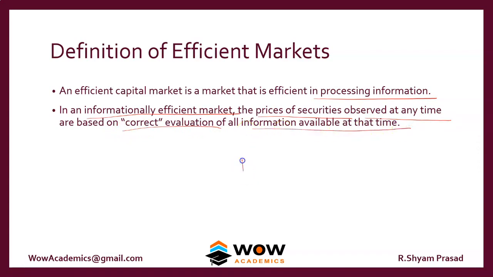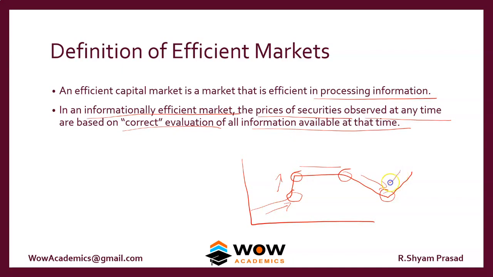If you draw a chart, the price moves from here to here to here. At every point in time, whether the price is moving upwards, very high, constant, or falling, it contains information up to that point.